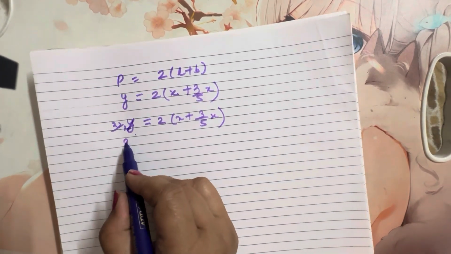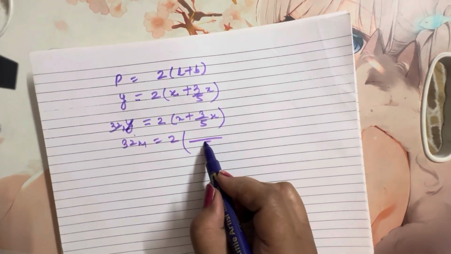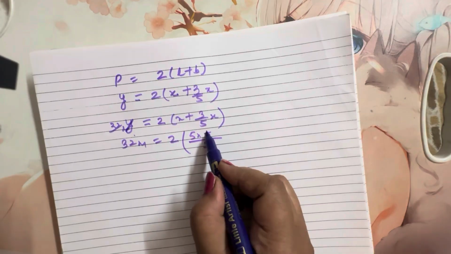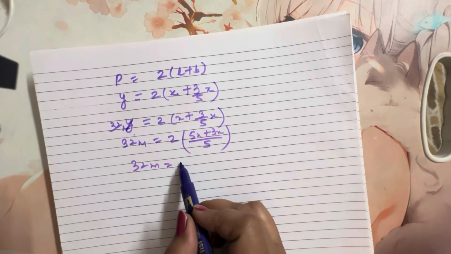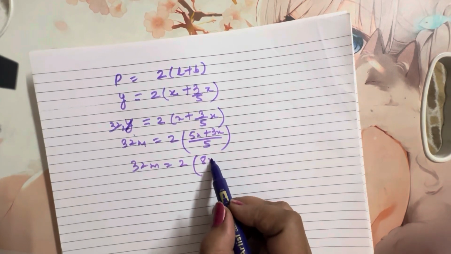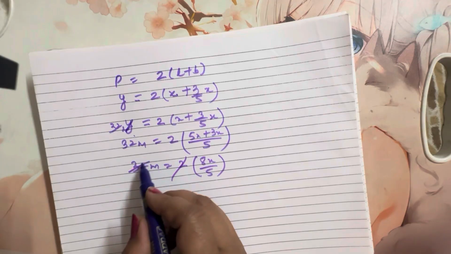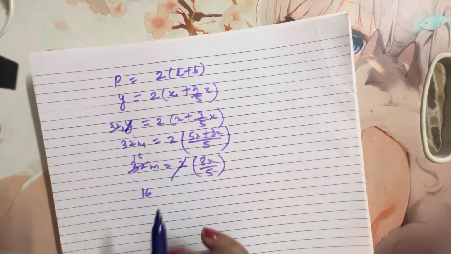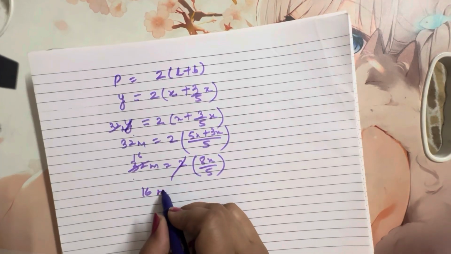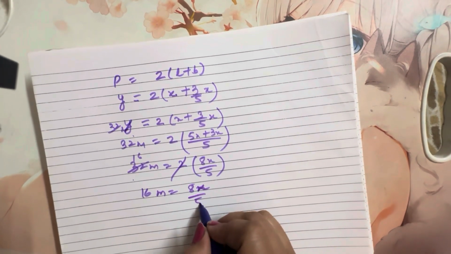So 32 meters is equal to twice of, we take the LCM, 5, so this is 5x plus 3x. 32 meters is equal to twice of 8x by 5. Now we divide, so here it is 16. 16 meters is equal to 8x divided by 5.